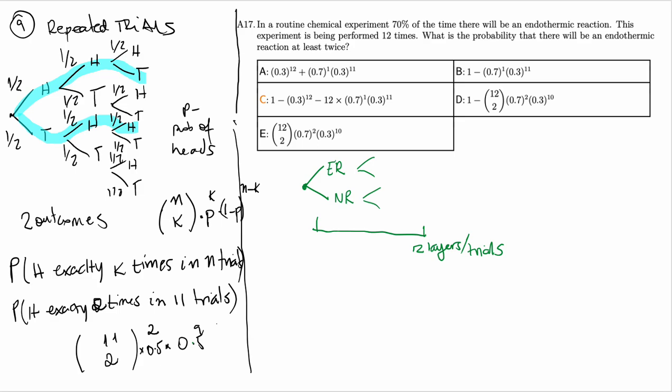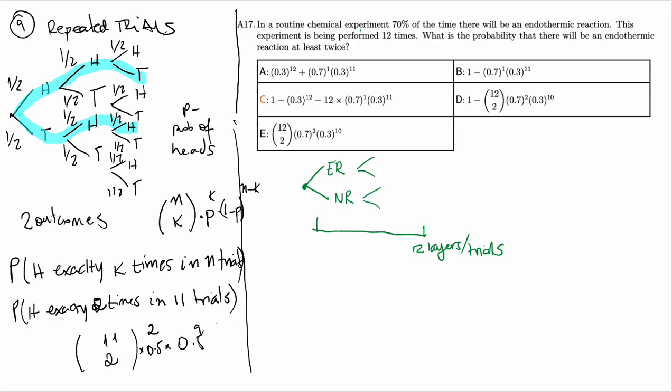Because I'm asking what's the chance of something happening exactly a number of times. But that would be too good to be true. The way we ask this is like this. What is the probability that there will be a reaction at least twice? So you have to think a little bit about what you have to do. It's not a direct application of the formula.